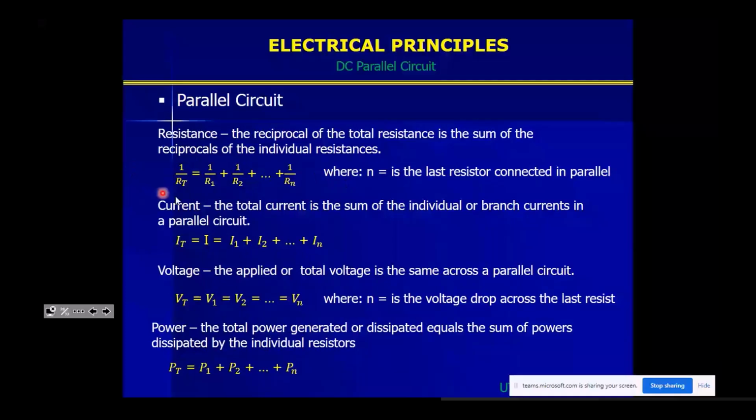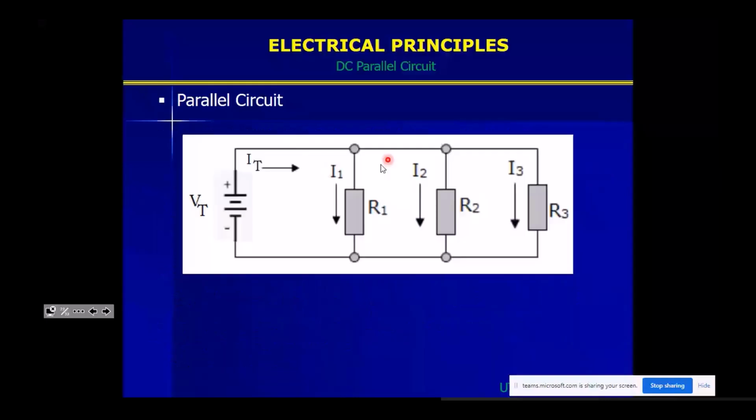For the current, since the current is split into branches, look at the relationship. You add for the current. For the voltage, since the total voltage is across the parallel combination, it's the same voltage here as the VT, same voltage here as the VT, same voltage here as the VT.